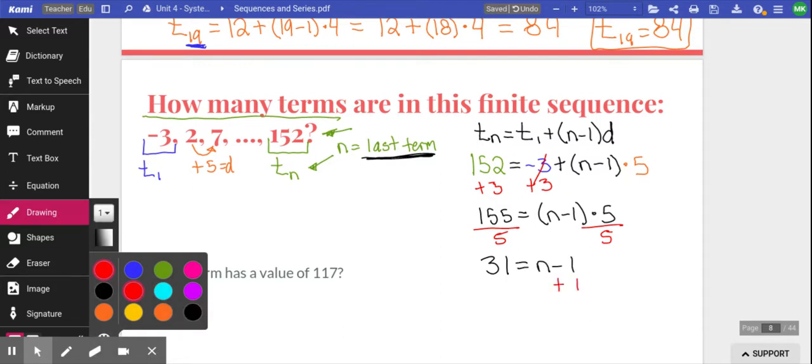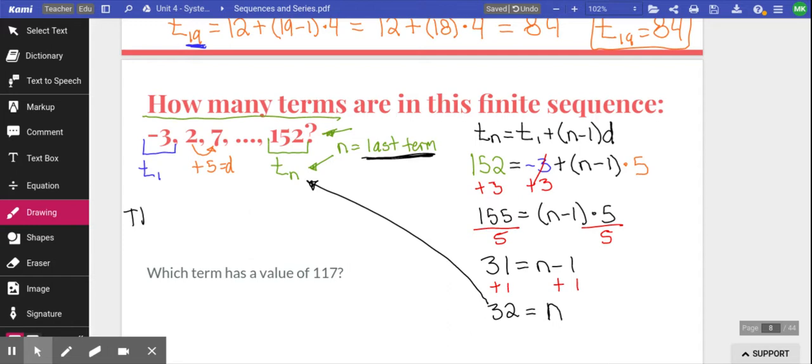And then I add 1, which tells me 32 equals n. 32 equals n, which means this was the 32nd term, and that was the last term, which means there are 32 terms total.